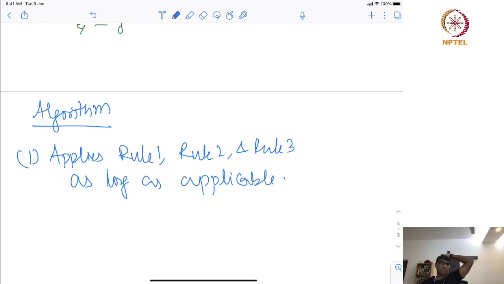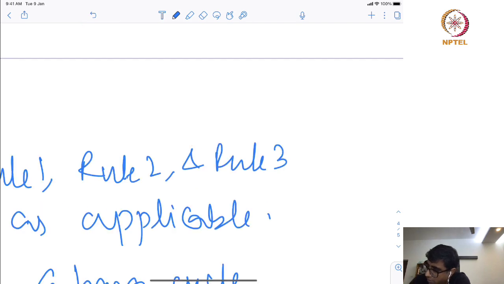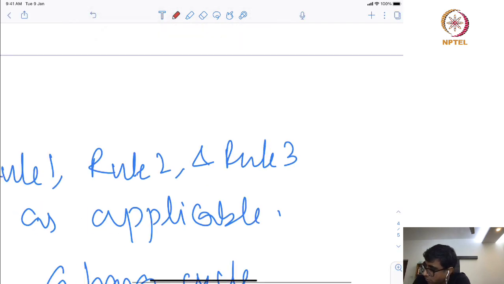Now, at any stage, if k is less than 0 and G has a cycle, what will we do? We will return no.